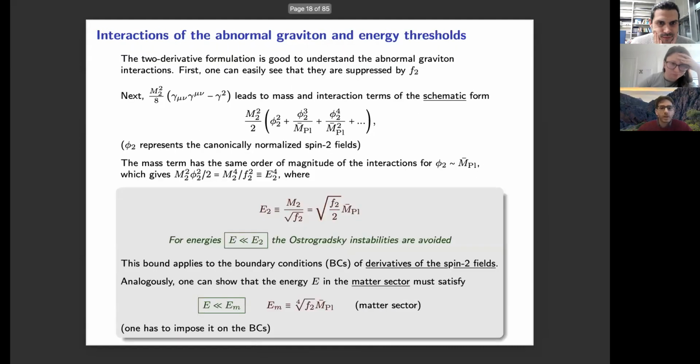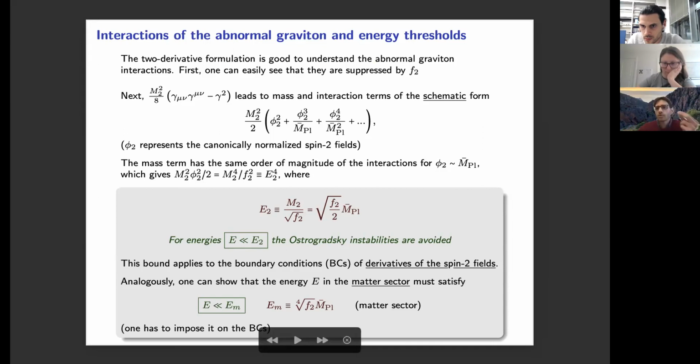Okay, so essentially what happens in quadratic gravity? What are these threshold energies? By the way, these are not really energies, because these quantities do not correspond to conserved quantities, but they have dimensions of mass. This is important.